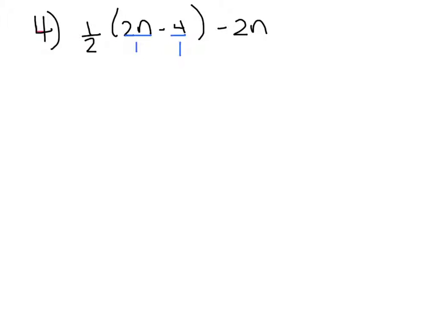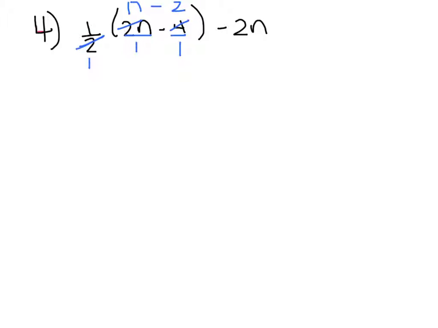Then we start saying into 2 and into 2. Since these two are divisible by 2, I can do it. So I will say into 2 and into 2, 1n. Into 2 and into 2, minus 2.